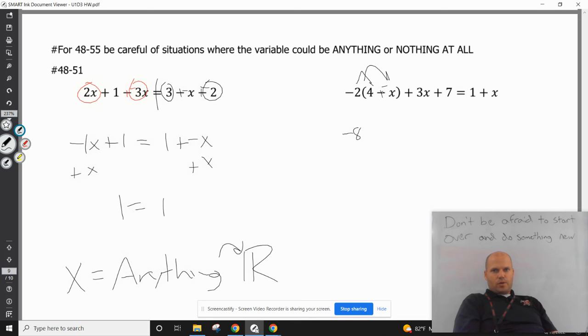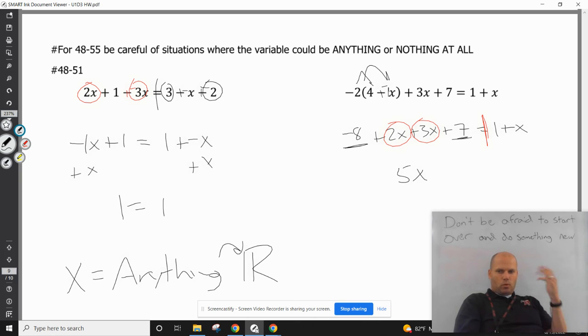Let's see this. I like to distribute, but I like to make things plus and negative. Negative 2 times negative 1, positive 2x. Same side of the wall, combine. I have 2 x's, I have 3 x's, I have 5 x's. I owe 8 apples, oranges, whatever I call them.